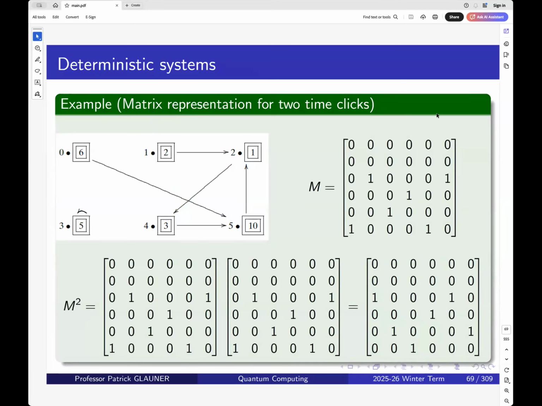And you can test and see you would get the same result if you multiply X with M squared, as if you first multiply X with M, which is Y, and then Y with M. And very importantly, always multiply the state vector from the right and put the matrix for the transition to the left. So these are deterministic systems, which we just started to motivate.